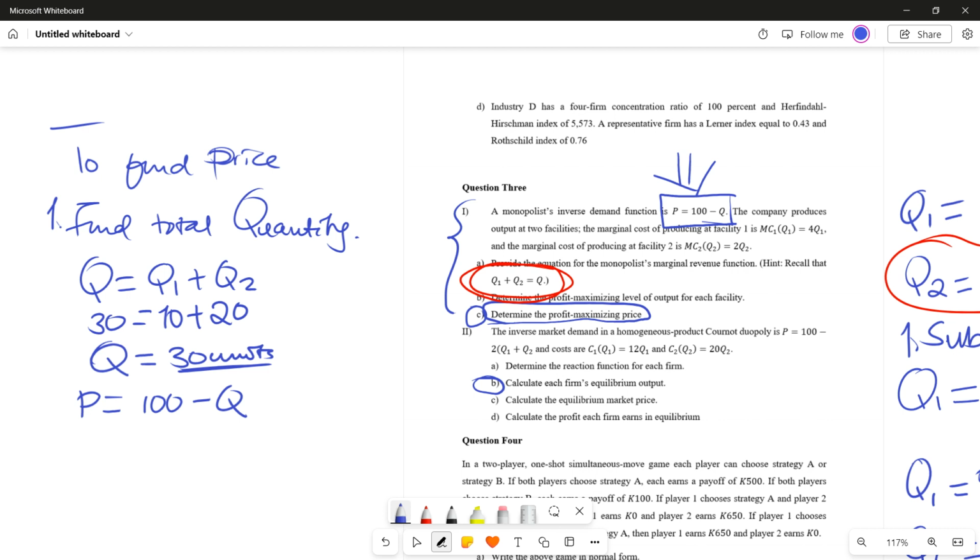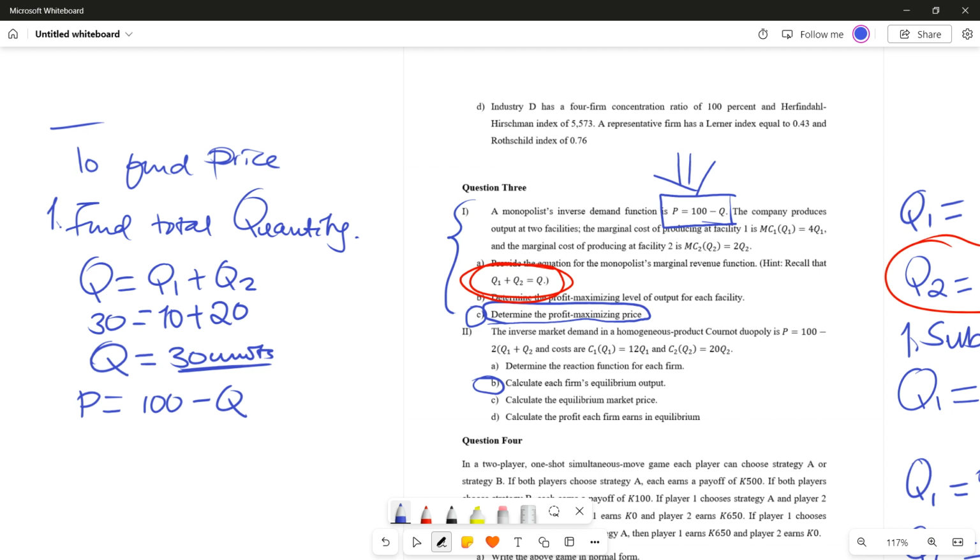Okay, remember, this firm is just one firm, and this one firm is operating in two plants. So since it's just one firm, it is expected that it's going to be charging one single price, assuming that there's no price discrimination.